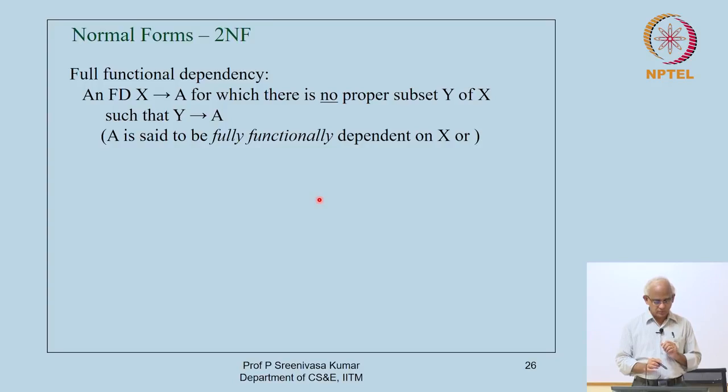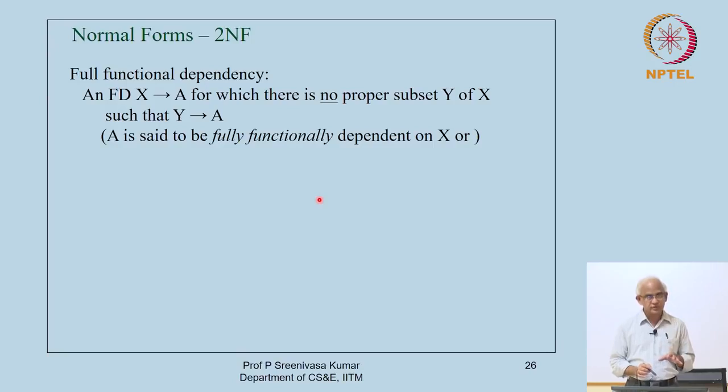Now, in order to define second normal form, remember the first normal form is nothing but the assumption that all the values in all the cells of the table are atomic pieces of data. That is built into the definition of relational databases itself, so we do not discuss the first normal form; all relations are in first normal form by definition.